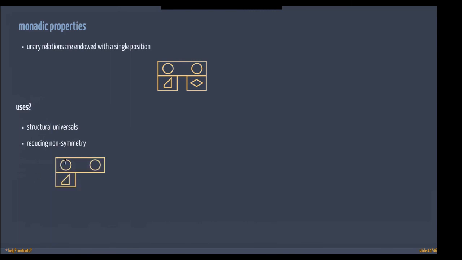And the second use case would be maybe to reduce non-symmetry. So imagine the binary non-symmetry.